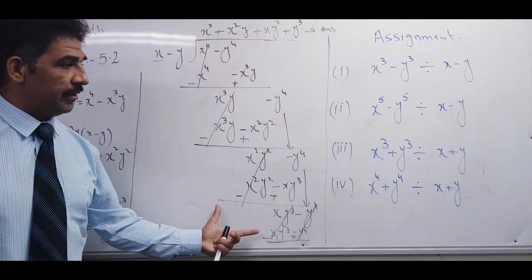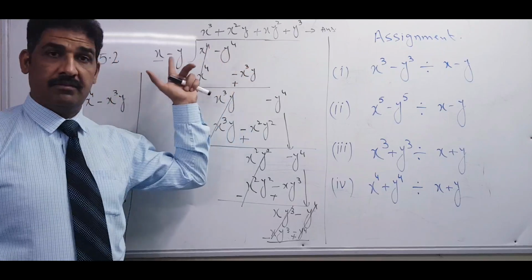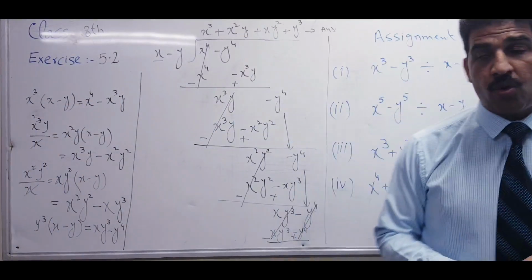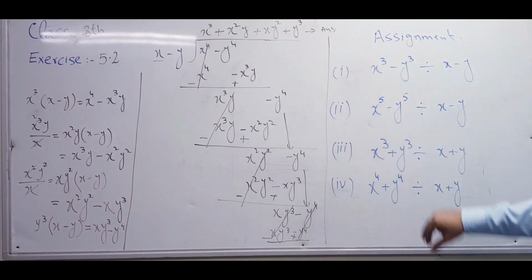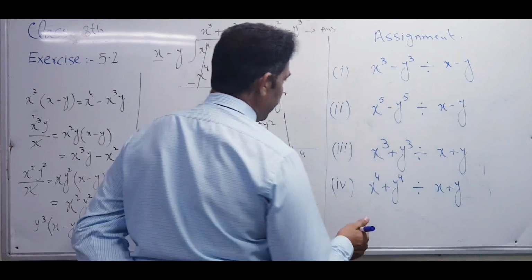It's same to same, just changing the sign. When changing the sign, what changes in the quotient? You have to solve. The fifth part also I will give you like that, by changing the sign. After that you will be perfect in division.